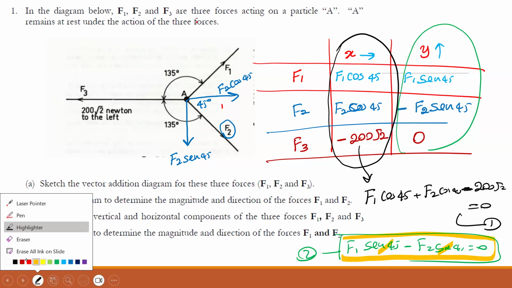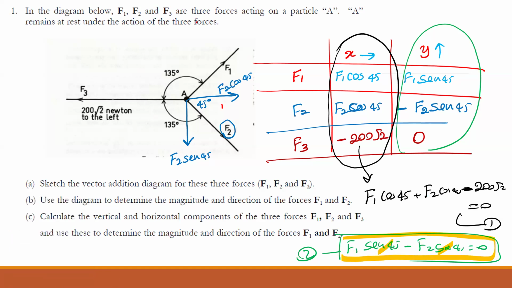So you can use that relationship. Instead of writing F2 here, you can write F1 and find F1 by solving this equation. You will still get the same answer. After you find F1, that equals F2 as well. Is it clear? Any questions?